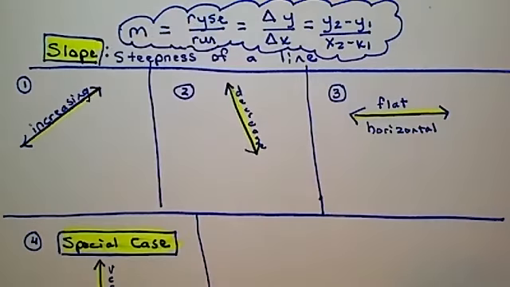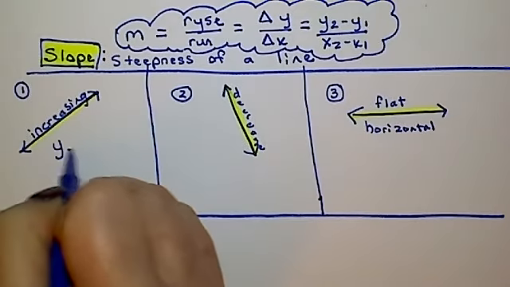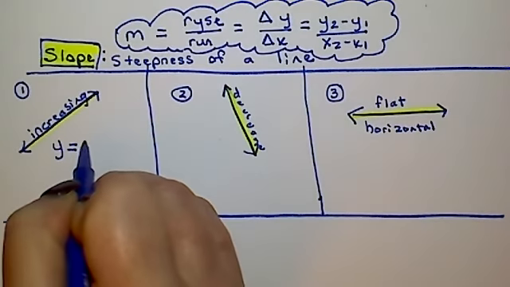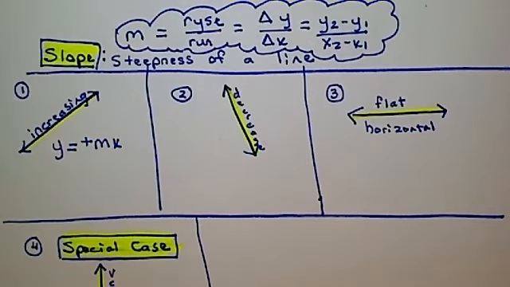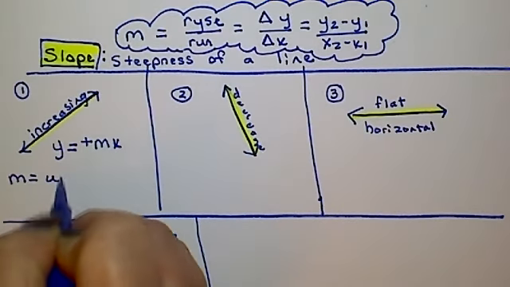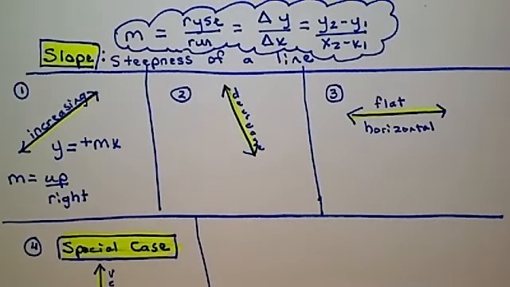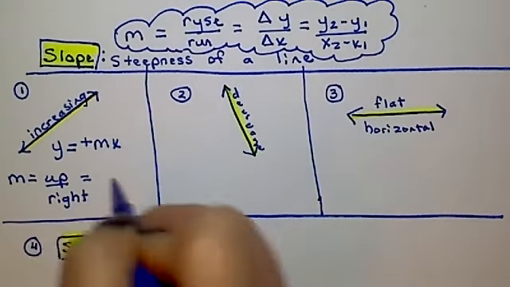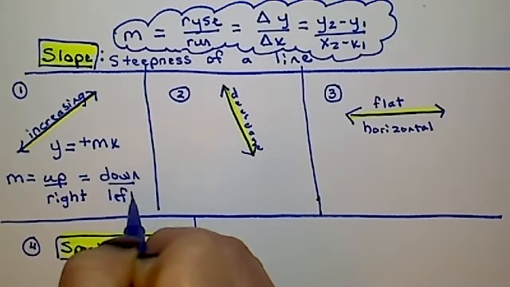Okay, so if I look at this one right here, and I have solved for y, when I solve for y, the slope is going to be positive. That tells me that I'm going to count up and right. The opposite of that would be down and left.